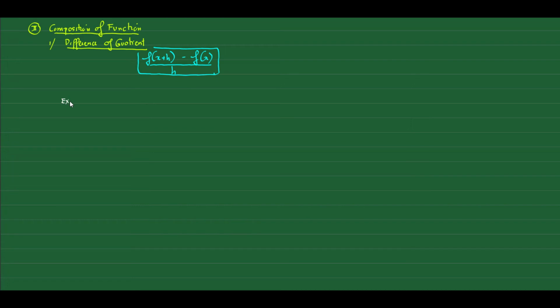Now let's get started with the first example. What if I give you f of x equal to x plus 2, and I want you to find difference of quotient? Okay, so let's see how we do that.